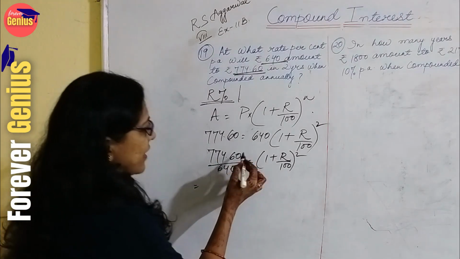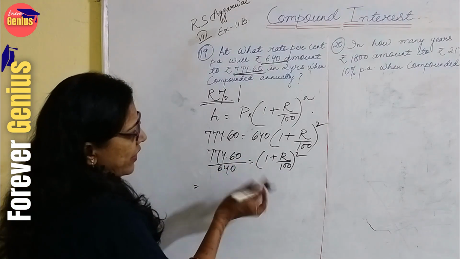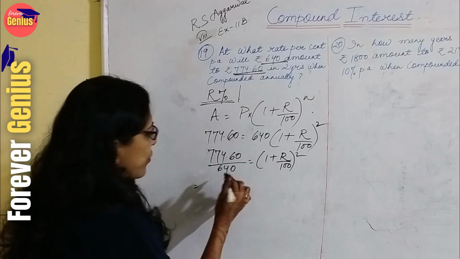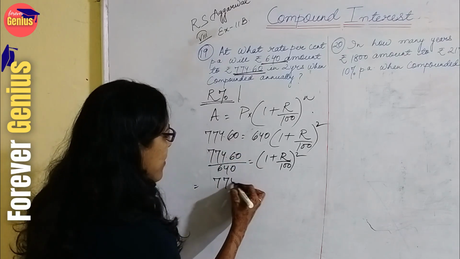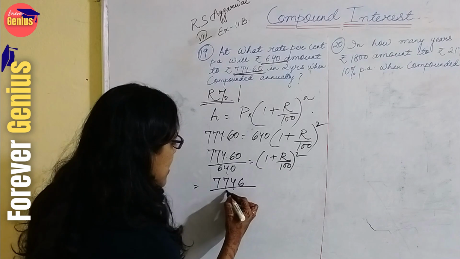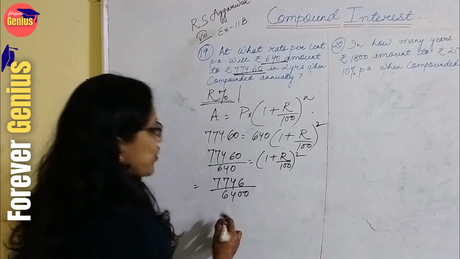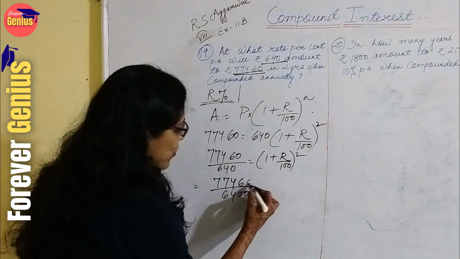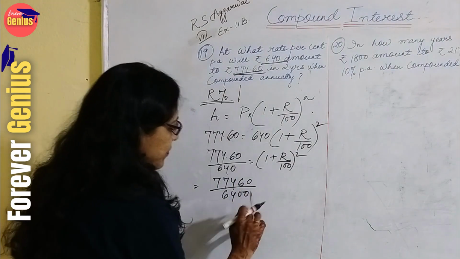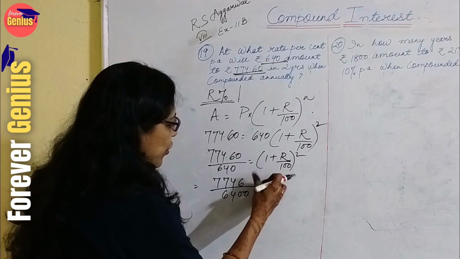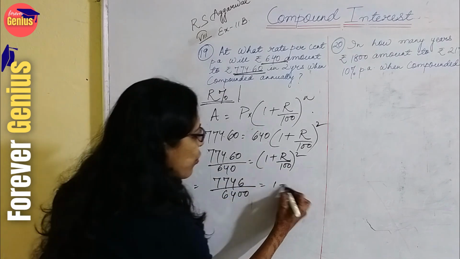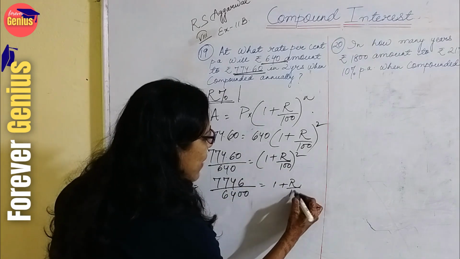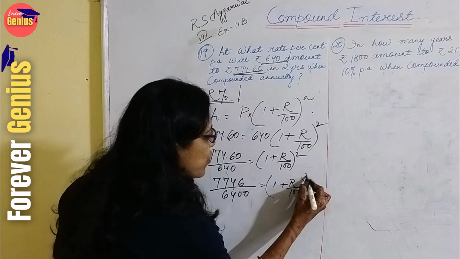Now just change the decimal by multiplying 100 into 100, and these decimals will be removed. So this is coming as 7746 by 6400. Why? Because there is a 0 at the ending, if I give a 0 here, it will be removed because there is no use. This is equal to (1 plus R by 100) squared.